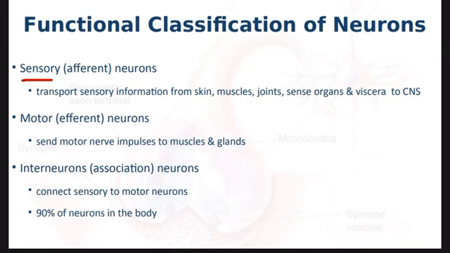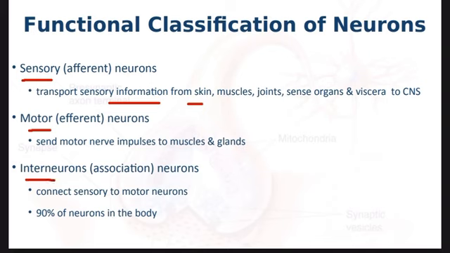They transport sensory information from skin, muscle, joints, sense organs, and viscera to the CNS, which is the central nervous system. We have the motor, which is the efferent. It sends motor nerve impulses to the muscles or the glands. Okay, so you receive information, you need a feedback. So the feedback is through the motor.